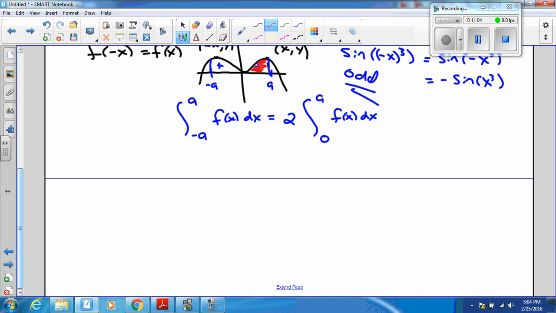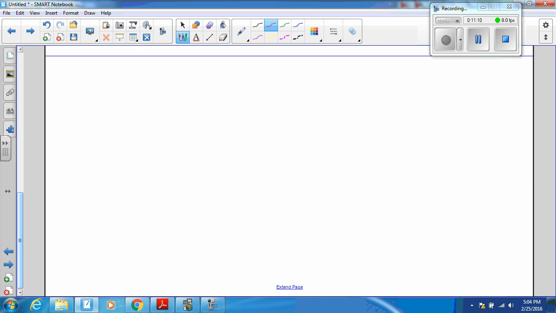We're going to do that a lot, actually. So to summarize our three special function rules, we have the constant rule, which is really just integrating a rectangle. And then we have our special odd and even rules.